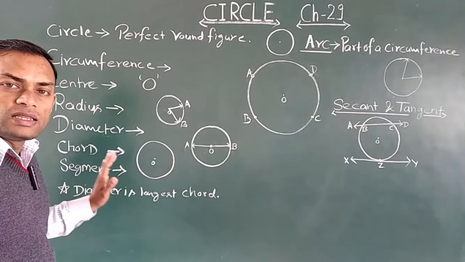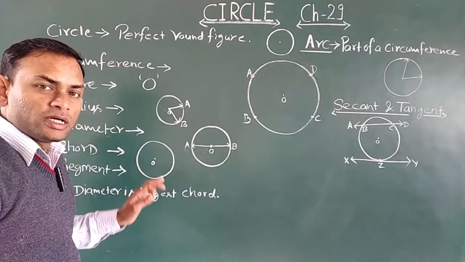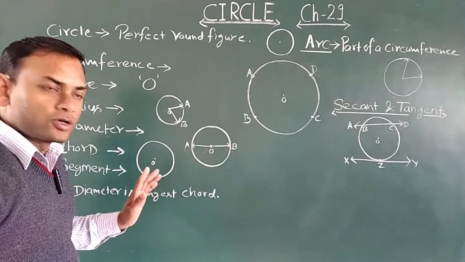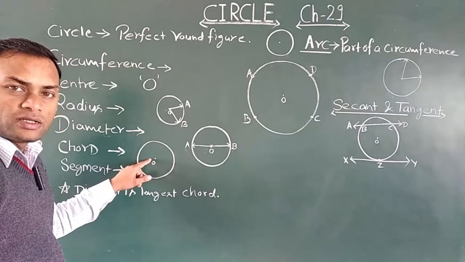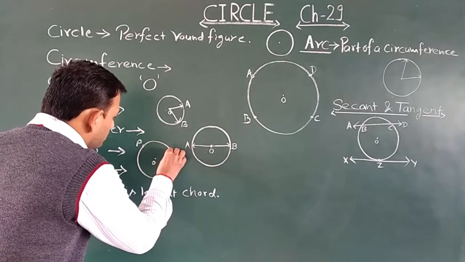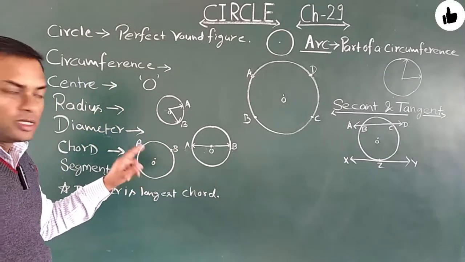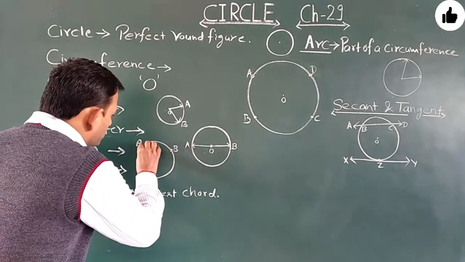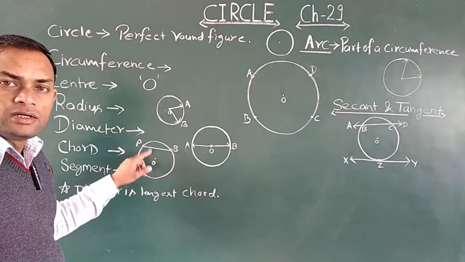What is the chord? A line which connects any 2 points of the circumference together is called the chord. As you can see here in this circle, O is a center, and suppose 2 points A and B are present on circumference of this circle. So the line which will connect both the points together will be called the chord.